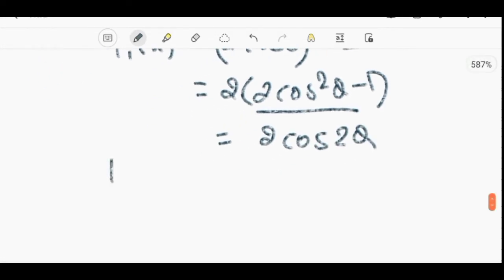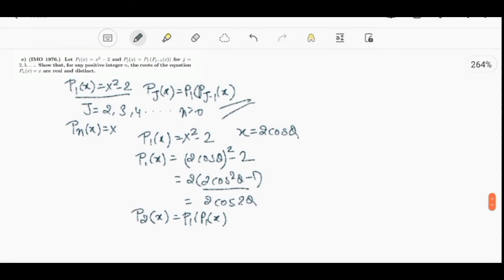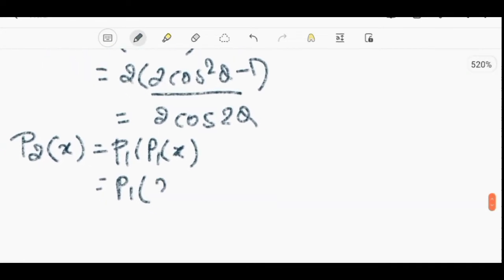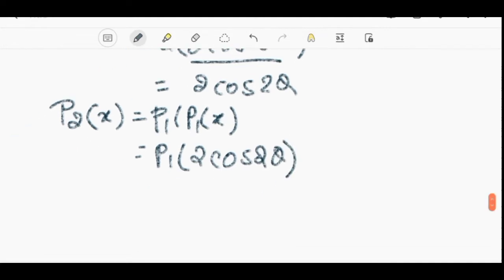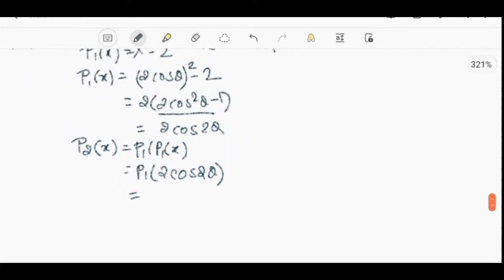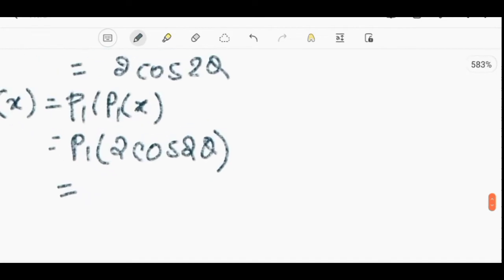Similarly, we can simply find the value of P2 of x, which is P1 applied to P1 of x. The value of P1 of x is 2 cos 2 theta, and we can apply this definition of P1, which is x squared minus 2.